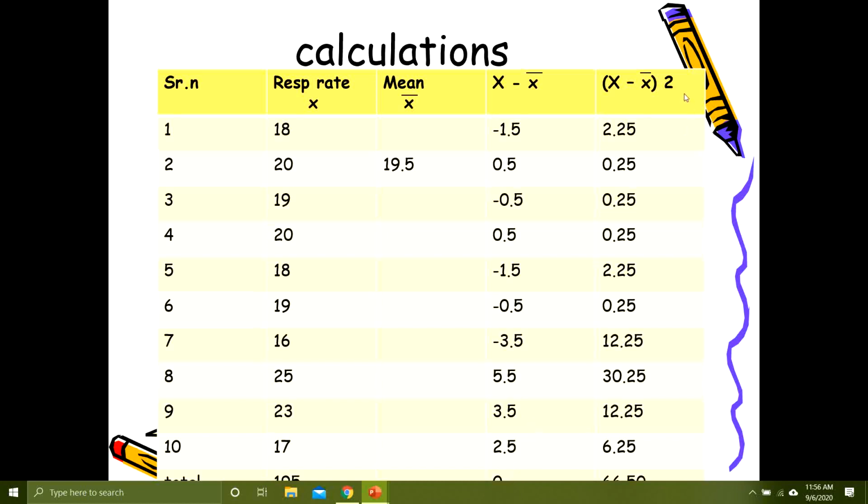So we have taken square. And if we have taken square, all the values are now positive and we will add them up. Summation x minus x bar whole square will give us the average, and we will divide them by n to get the mean difference of each value from the mean. But this is now known as variance.